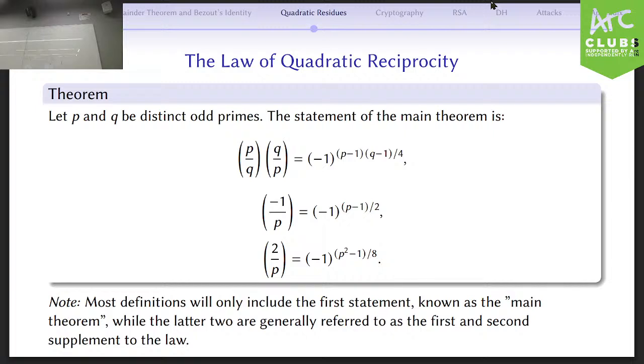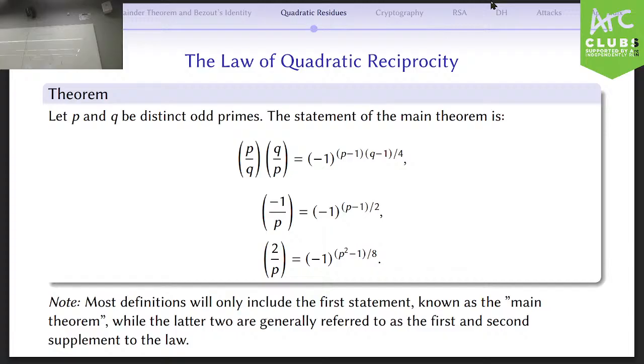From our multiplicativity and congruence properties, this already takes care of a lot. For non-prime integers, like 35 on 41, we can split 35 into primes. The only thing we can't do is an even prime, because p and q have to be odd primes.